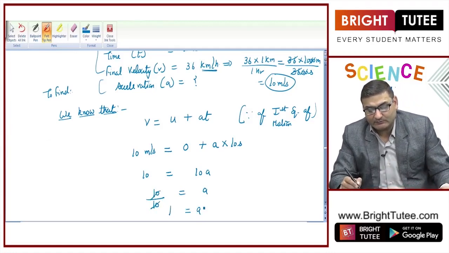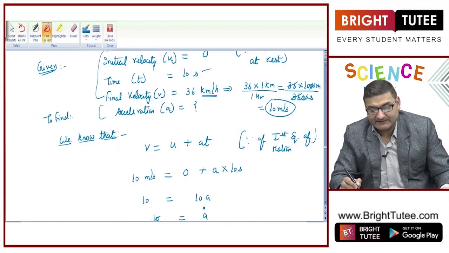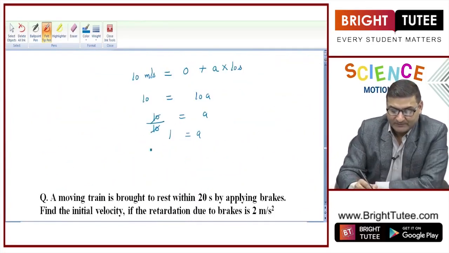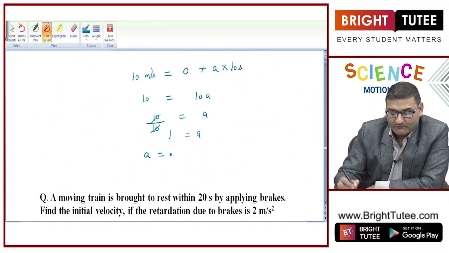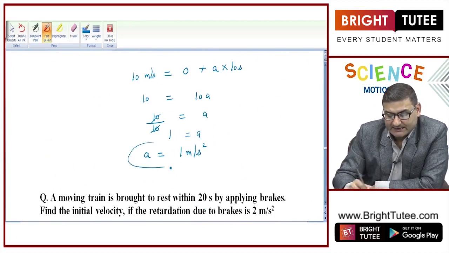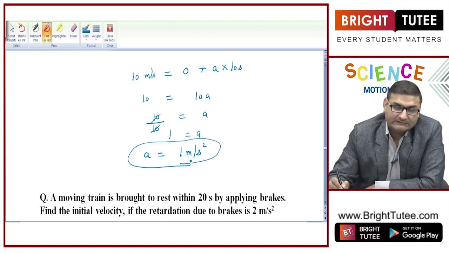Whenever I write the answer, I will specify the SI unit too. So, the acceleration of this object is 1 meter per second square. This is my answer. Quite simple, isn't it?